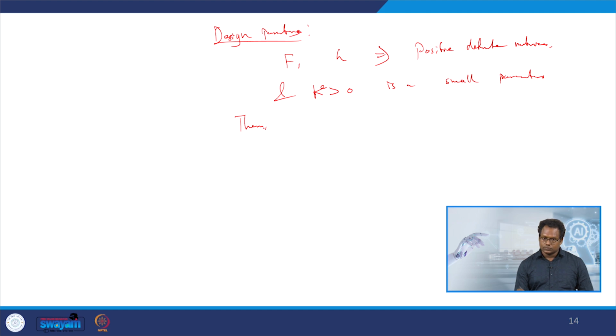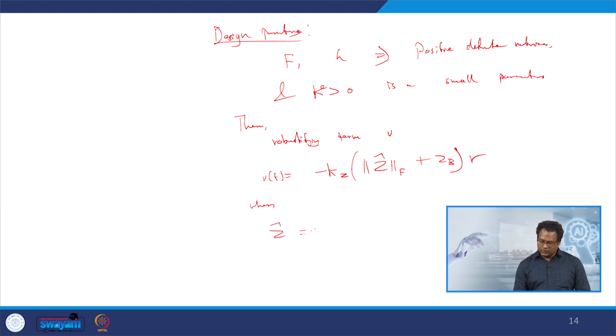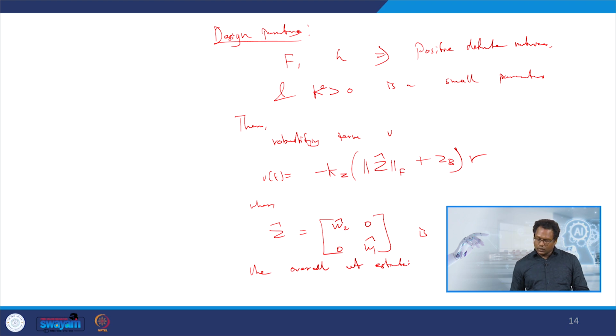Now, we have to see the robustifying term in the controller, that is V, given by V of t equal to minus kz multiplied by the Frobenius norm of the vector z hat plus zb into R, where the vector z hat is given by the matrix w2 hat 0 0 w1 hat, which contains the overall weight estimate.